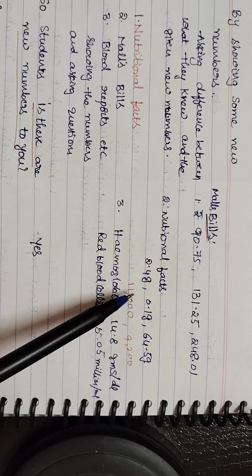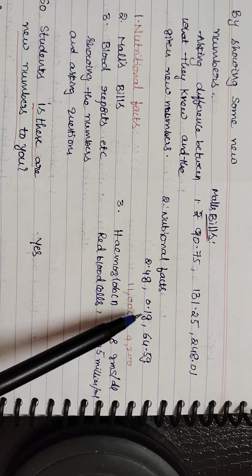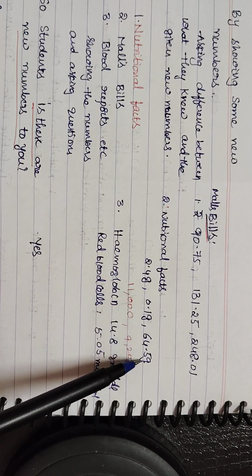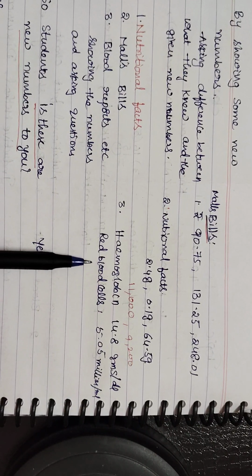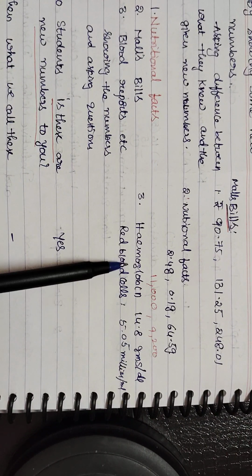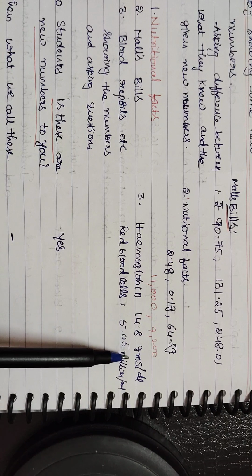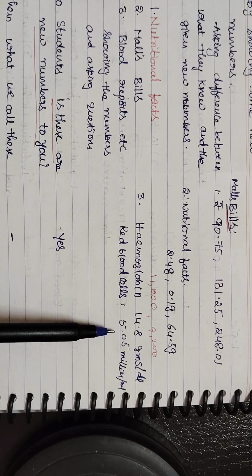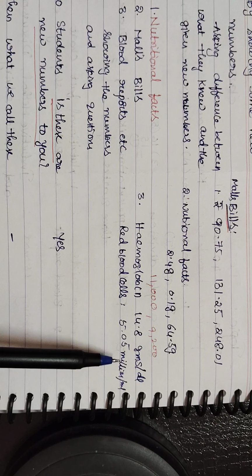The nutritional fact chart has 2.4 grams, 0.1 gram, 64.5 grams. The pathology report has 11,000, 9,200, hemoglobin 14.8 grams, red blood cells 5.05 and so on.